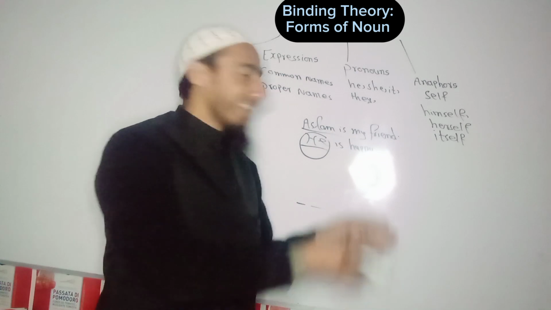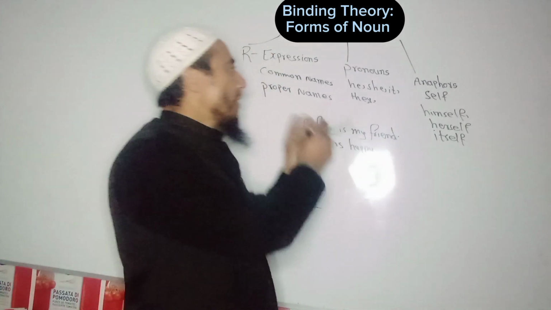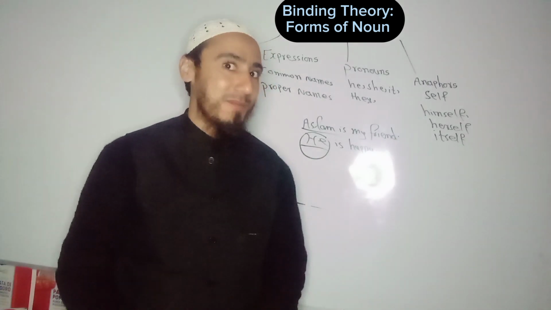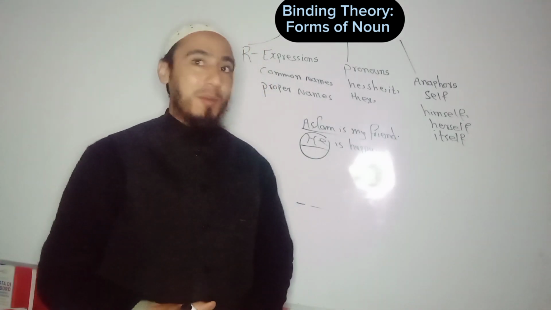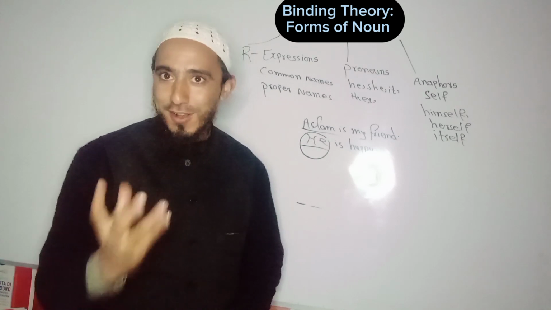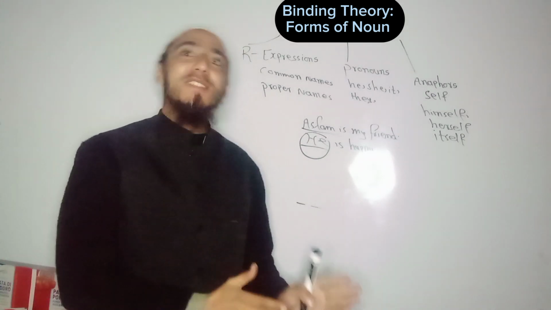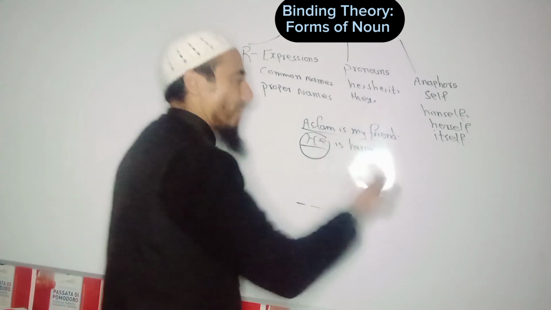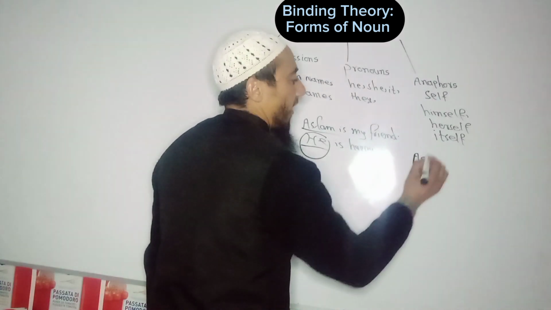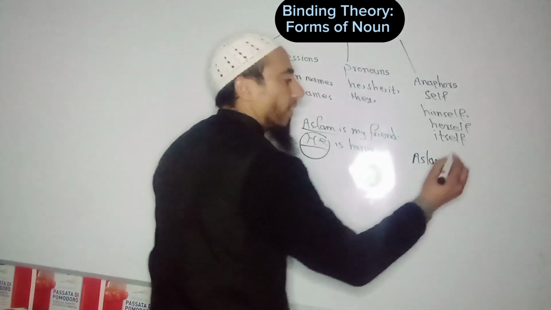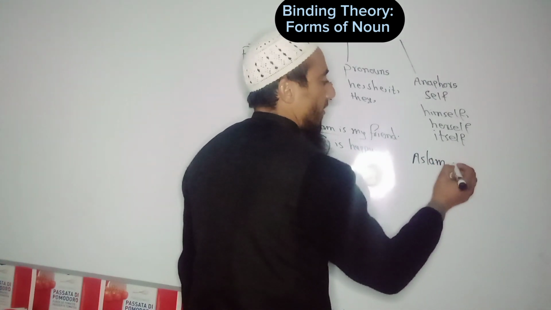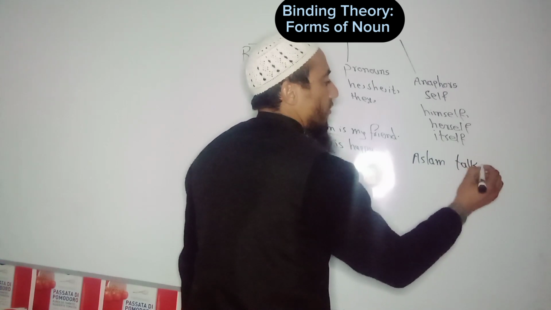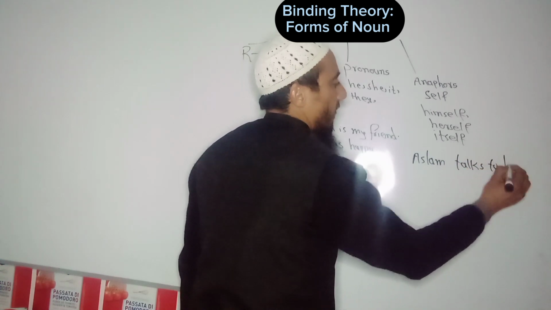Coming to anaphors, an anaphor is a little bit different from these two. An anaphor also refers to someone or something back, but it refers back in the same sentence, not in another sentence. For example, if you say, Aslam talks to himself.